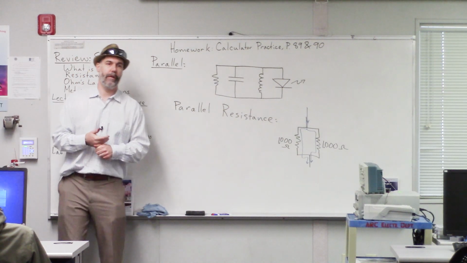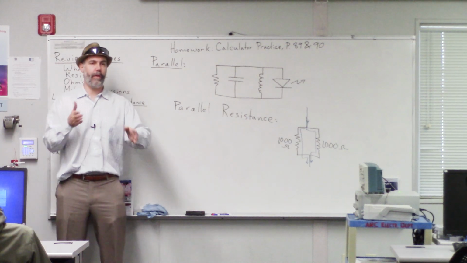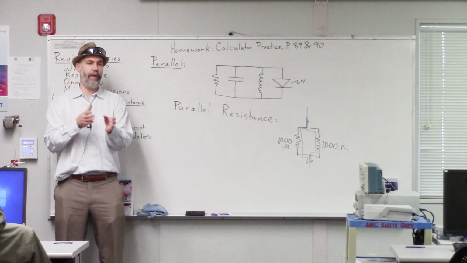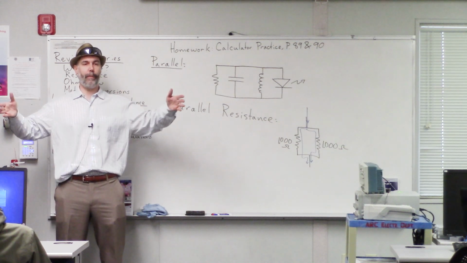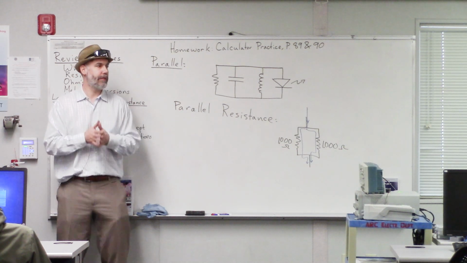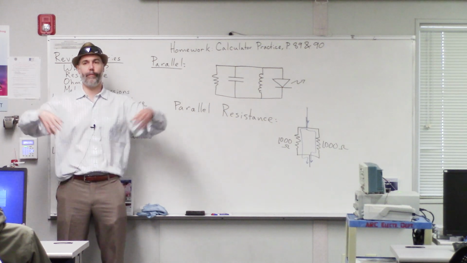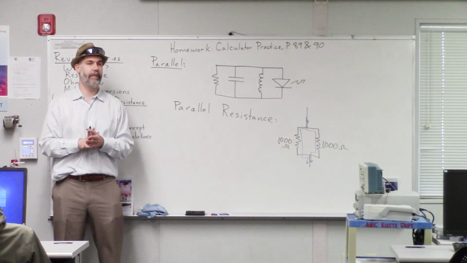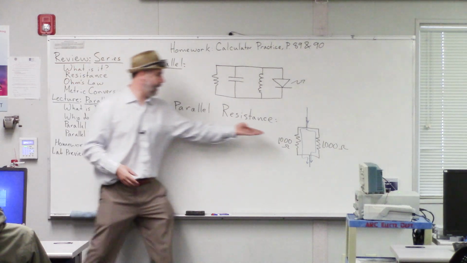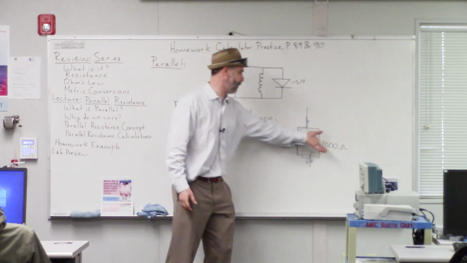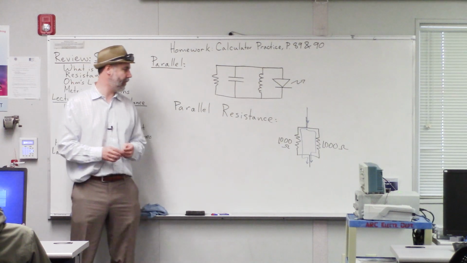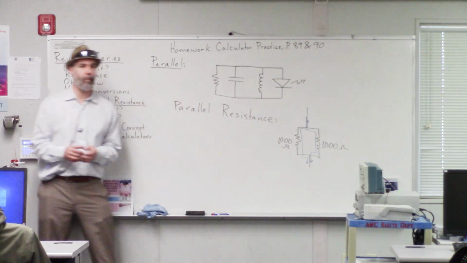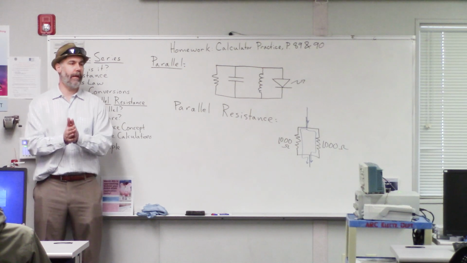You could think about cars going down a road. If you've got a whole bunch of cars on a one-lane road, you might have a lot of traffic. But then if that road suddenly opens up and becomes a 6-lane highway, suddenly it's a lot easier for the traffic to flow, right? The same thing here. We're like adding more lanes for the electricity to move through. So it makes it easier for the electricity to flow. You could also think of it like water flowing through a creek.